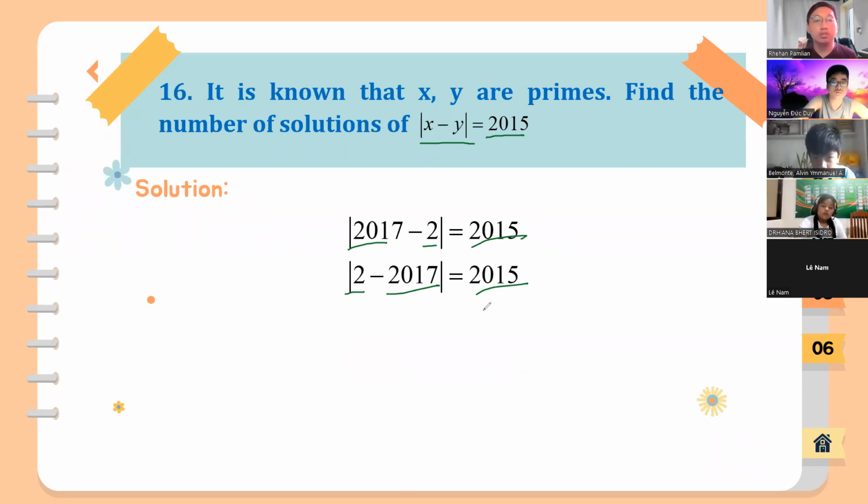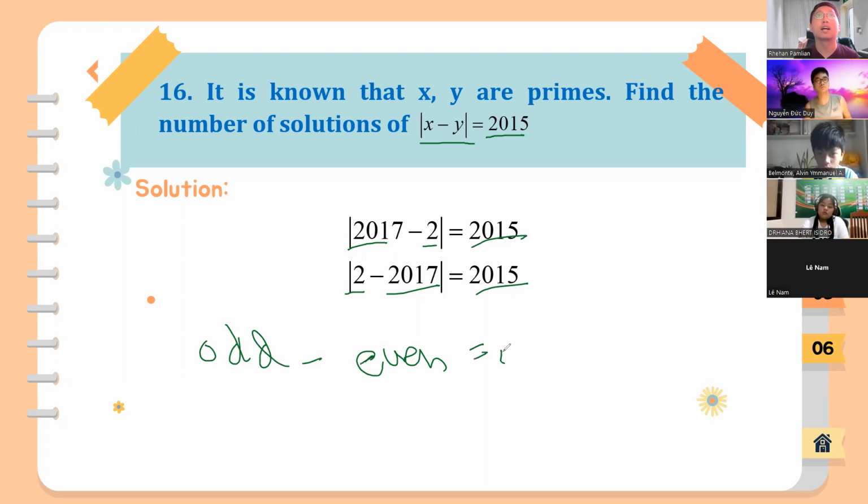The trick also here is, remember, their difference is odd. If you want to get a difference that is an odd number, remember all prime numbers are odd, right? Except for 2. So when you have odd minus even, that is equal to odd. That is the idea there.